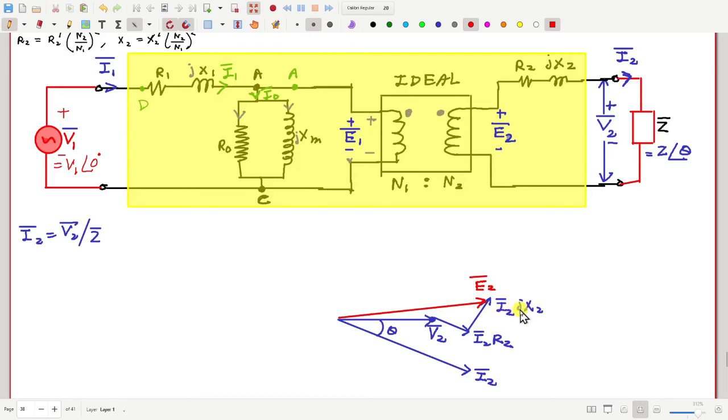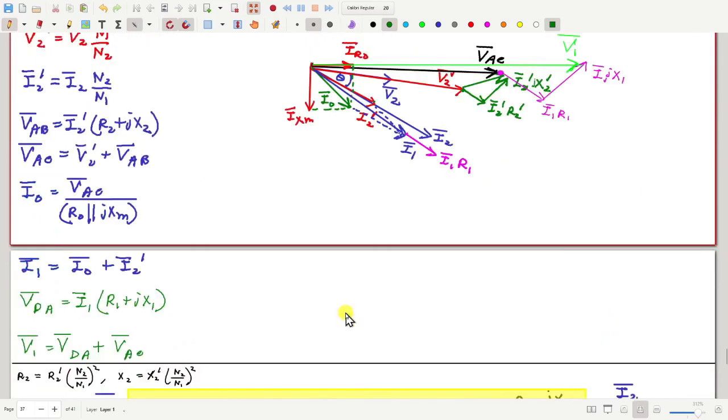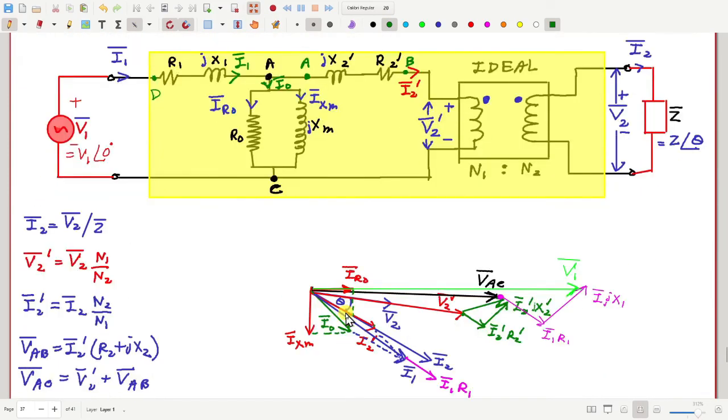Okay, next what can I draw once I know E2? I can draw E1. E1 will be just a scaled version of E2. What did I take previously?